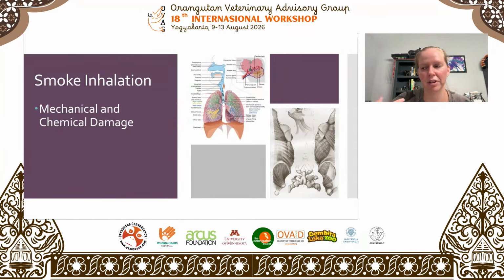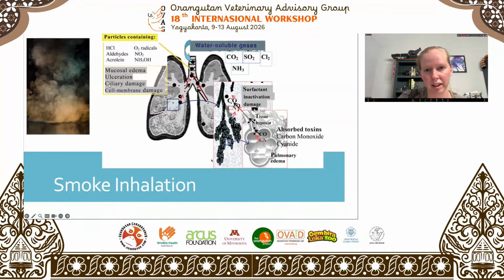The surfactant is the covering that keeps our lungs open. It might get damaged by the chemicals in the smoke, and that can also lead to our lungs collapsing. So these are all unfortunate things that can occur.